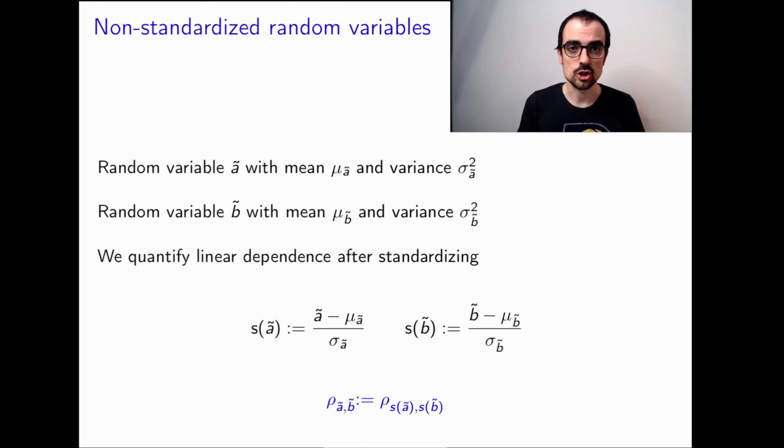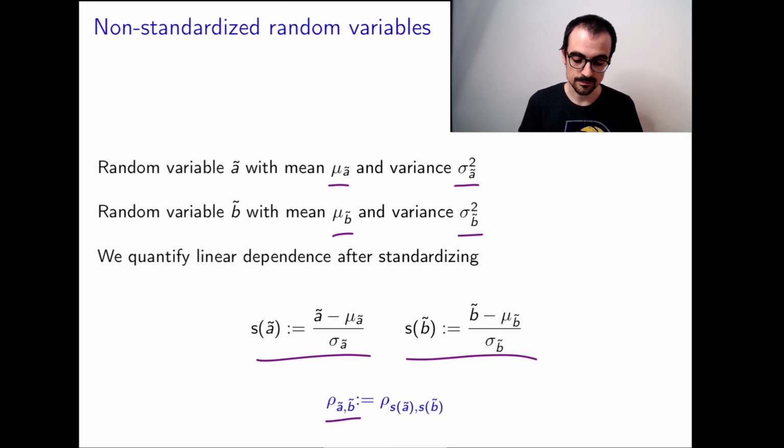We also talked about non-standardized random variables, where the mean was some arbitrary number, so mu A and mu B, that's how we denote them. And the variance can be different from 1, so here we denote it by sigma A squared and sigma B squared. In order to quantify the linear dependence between these random variables, we defined the correlation coefficient between them as the correlation coefficient between the standardized random variables.